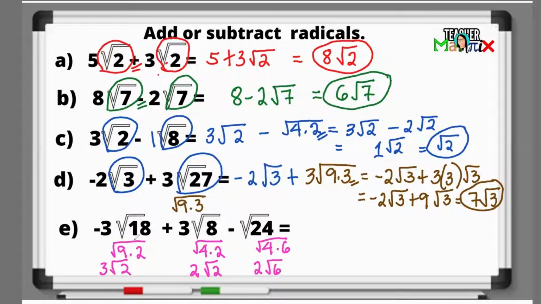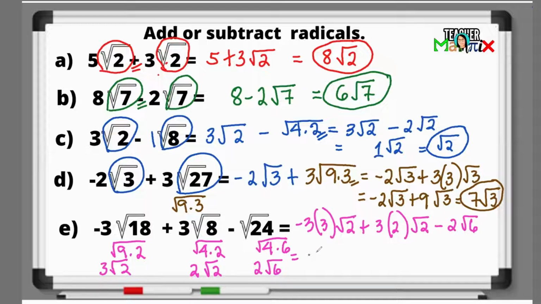So then copy this 3, including the original numericals. So we have negative 3, and then we have 3 square root of 2, then plus 3, we have 2 square root of 2, then minus 2 square root of 6. Simplify.